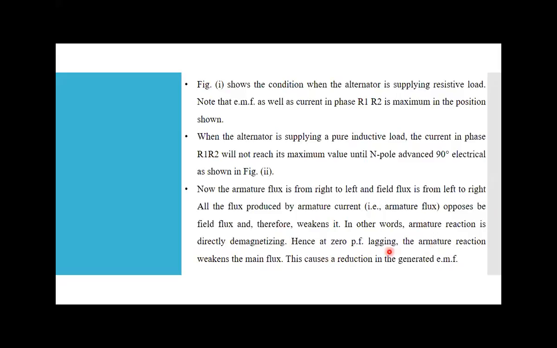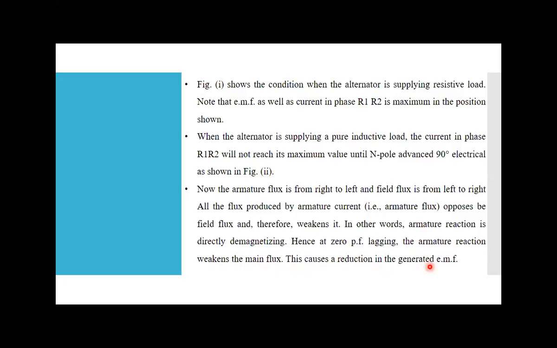So hence at zero power factor lagging, the armature reaction weakens the main flux, and this causes a reduction in the generated EMF. As your flux is weak, and the EMF is generated due to flux only. If you are aware of the equation of EMF, it is EPH equal to 4.44 TPH phi KP KD, where phi is the flux.